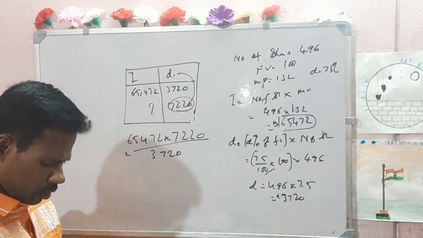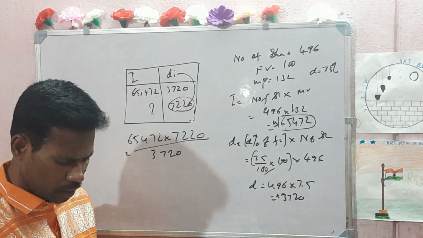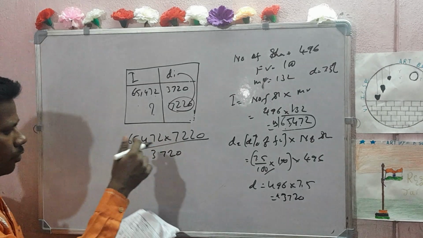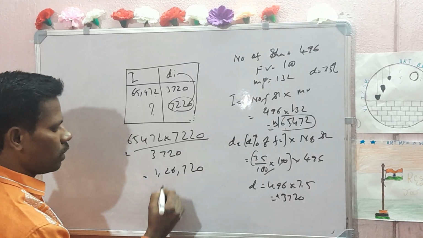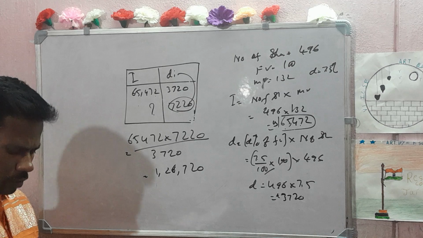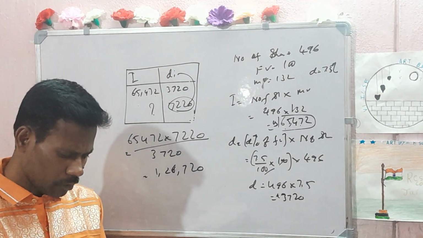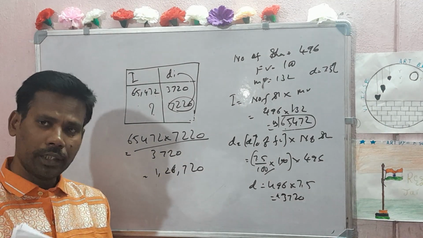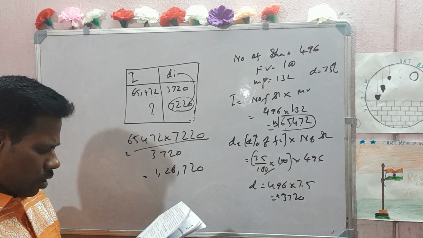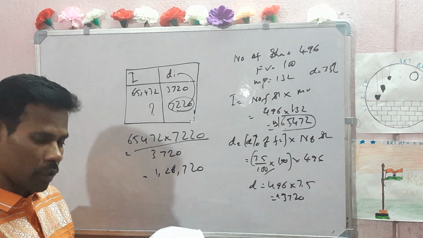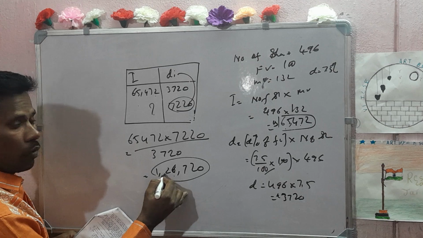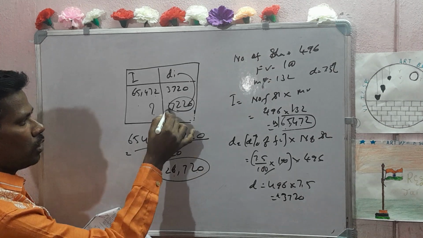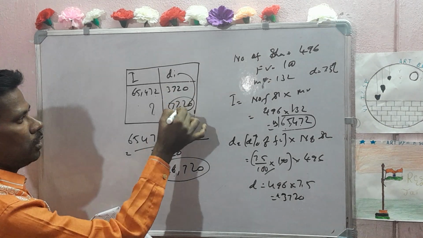If you simplify, the answer is 1,26,720. So how much extra must Aishwarya invest? She has to invest 1,26,722 in order to achieve this dividend.